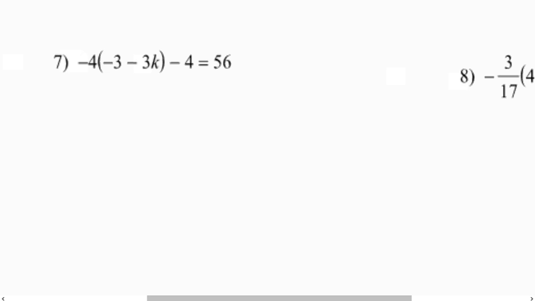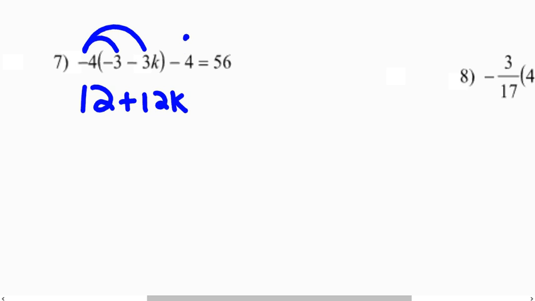All right, so let's get started with the distribution. Negative 4 times negative 3 is going to give me positive 12. Negative 4 times negative 3k, I have a negative and a negative again, so that's going to give me positive 12k. And let's not forget about this guy, he's still there waiting. Minus 56 on the right.